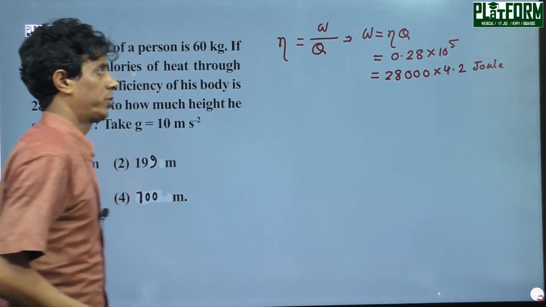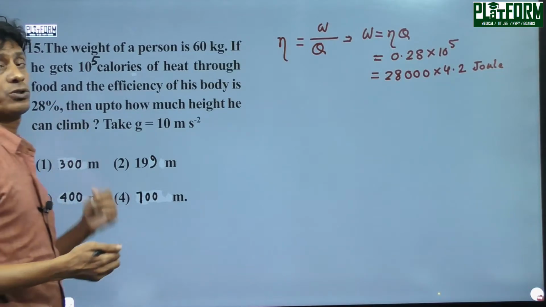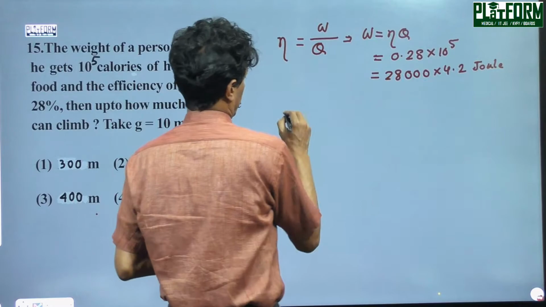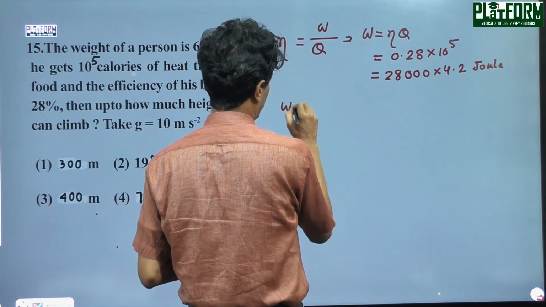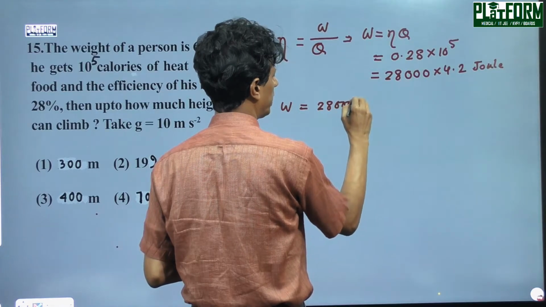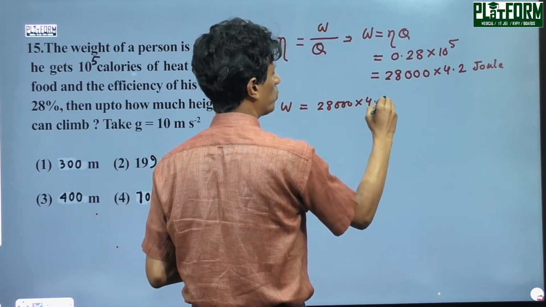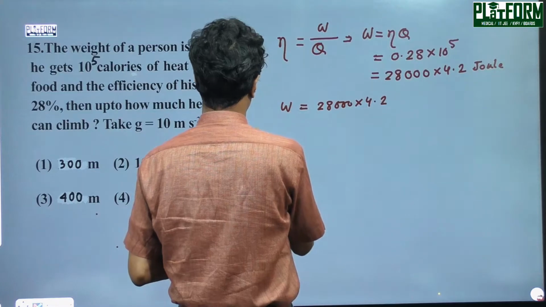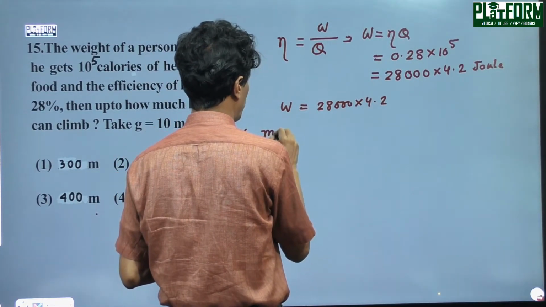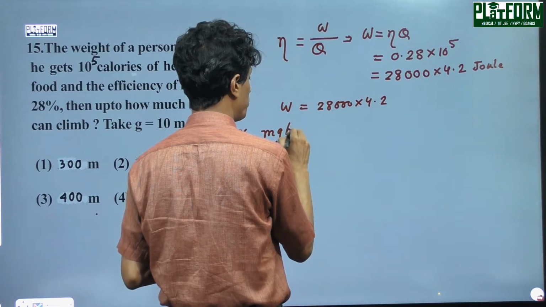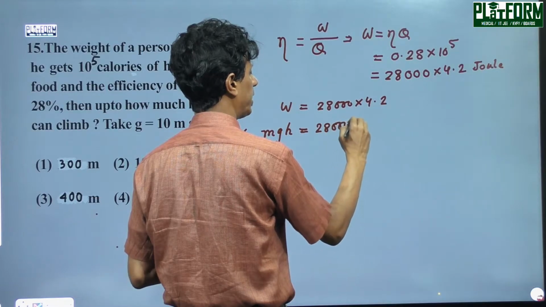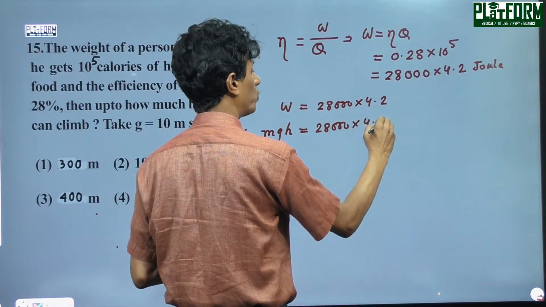So this amount of energy will be utilized to climb up. So W is equal to 28,000 into 4.2. If we consider the height attained by this person is equal to h, we can write mgh is equal to 28,000 into 4.2.